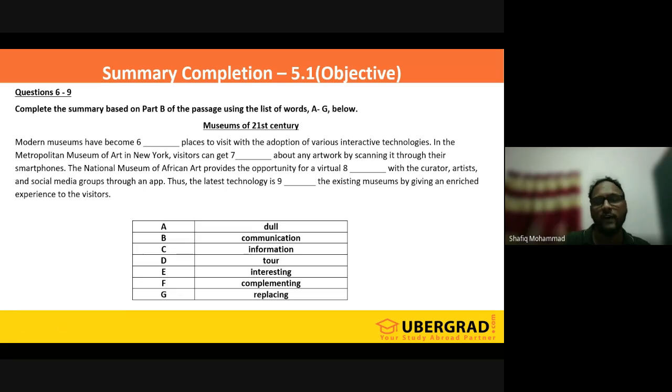Like for example, from 5 to 9, the direct word was there, but here the direct word will not be there. Even a phrase to a word is given here, a synonym to it.